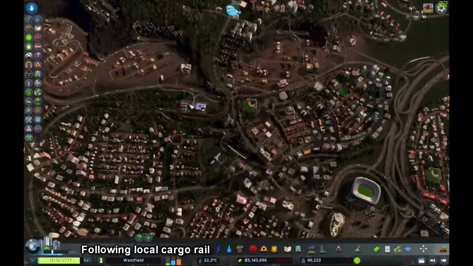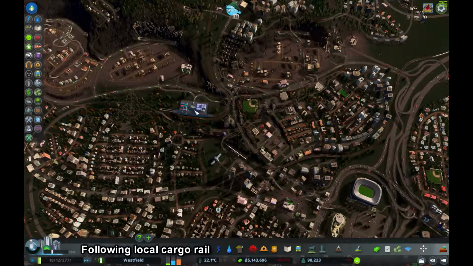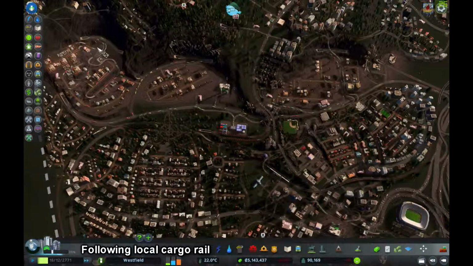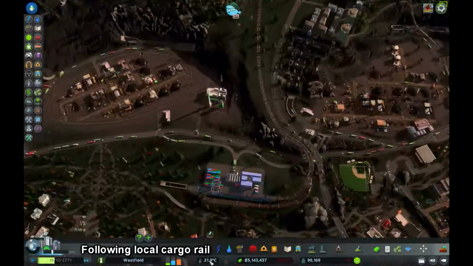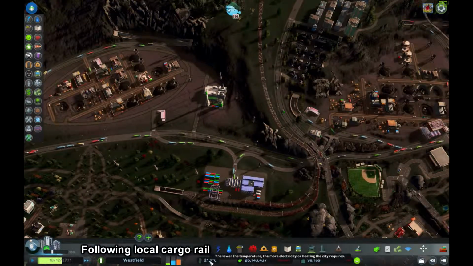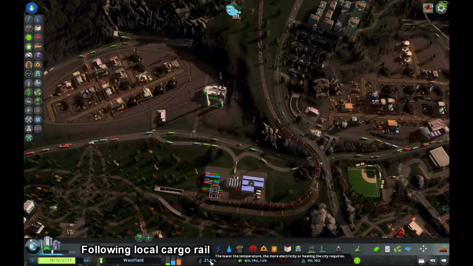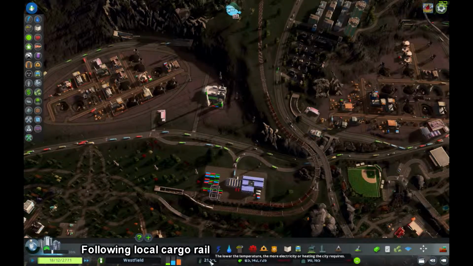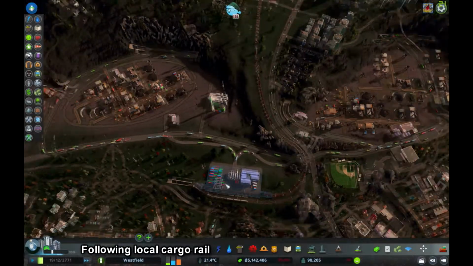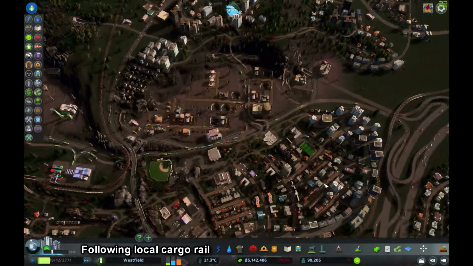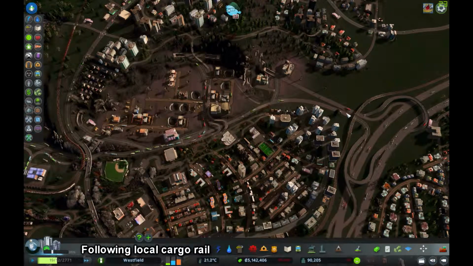Same here. This terminal collects all the materials from all three of these little pods, sends them for export, sends them to generic, and at the same time, there's deliveries here for the local commercial. Why? Because there's the highway.